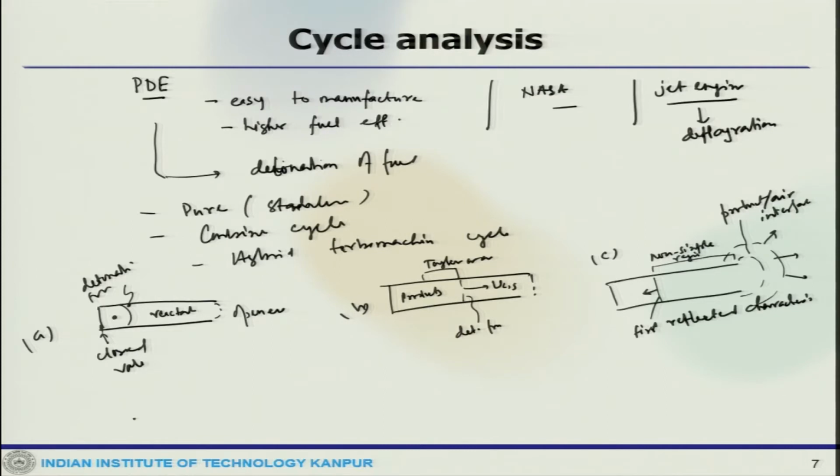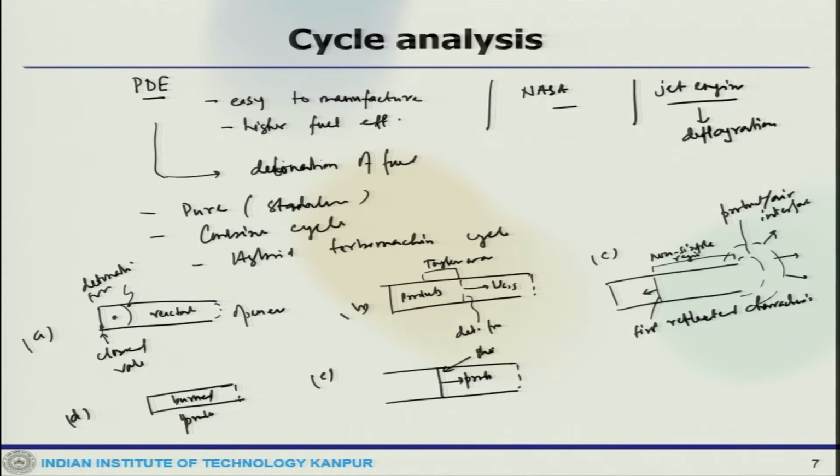Then you can go completely like this, where this is the product, this is the shock wave, and now this is the open valve, with air coming in. So, this is the air and product interface.